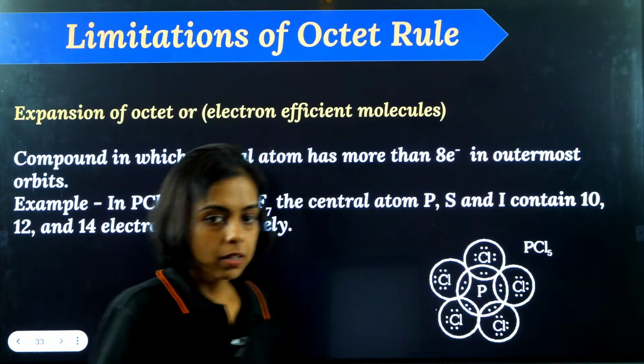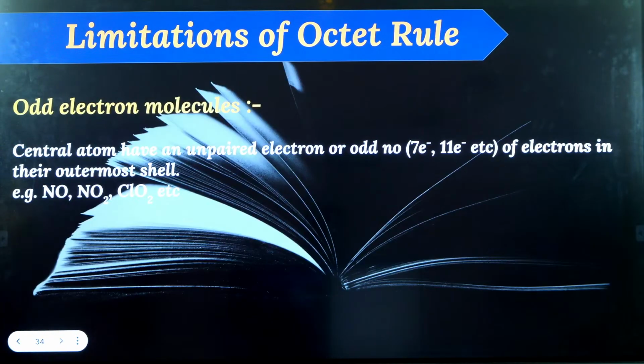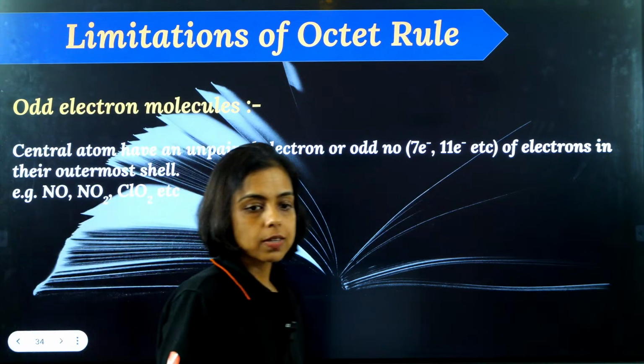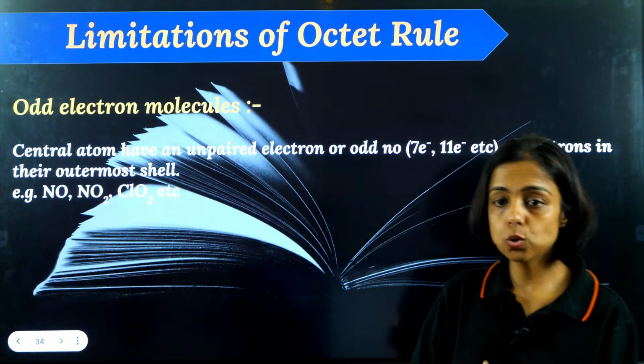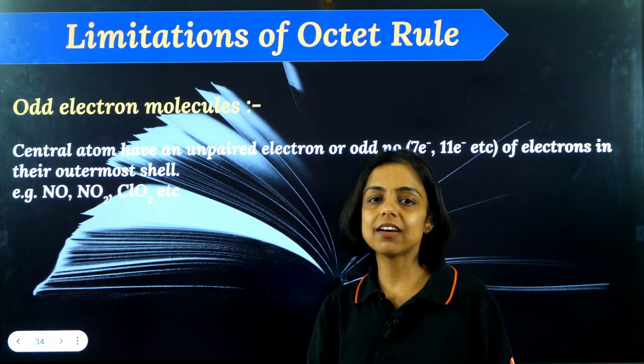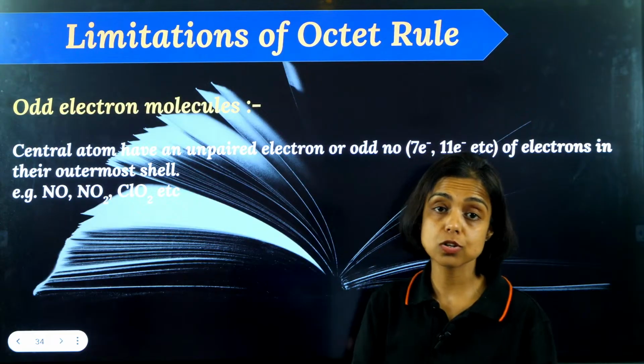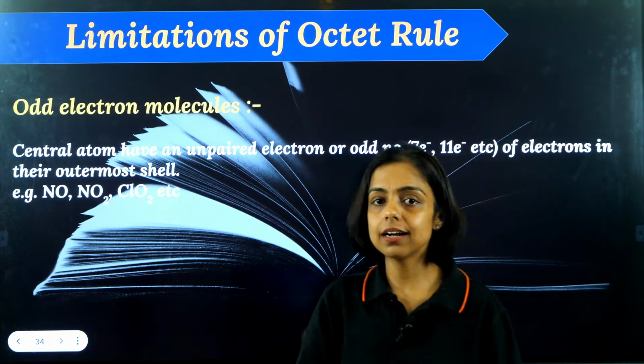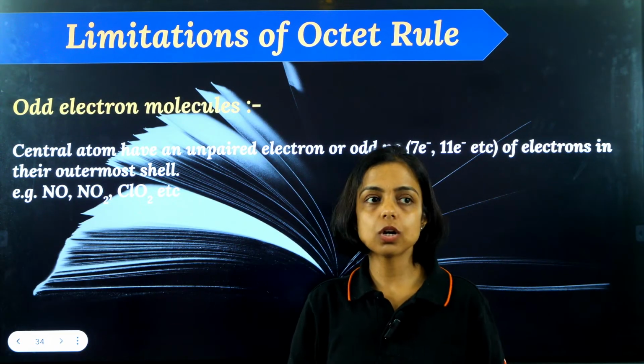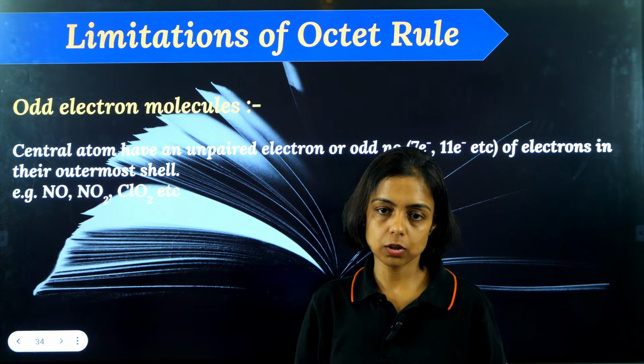So these are the limitations of the octet rule. Odd electron species exist, molecules having more than 8 electrons exist, and molecules having less than 8 electrons exist. All these are exceptions, or limitations, of the octet rule.